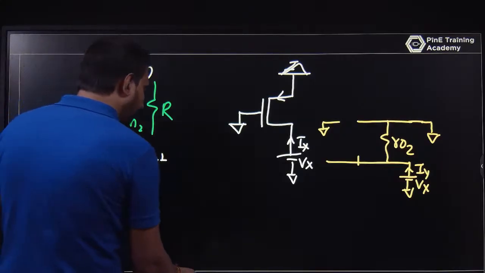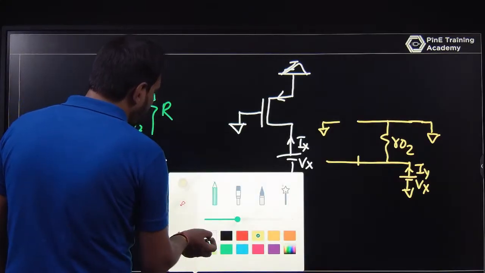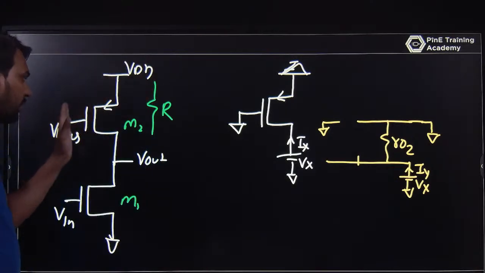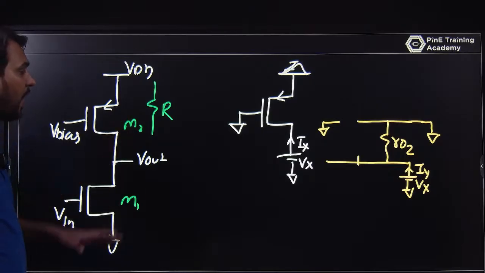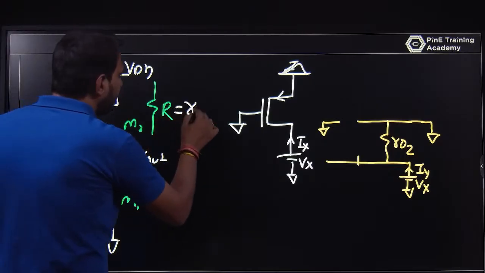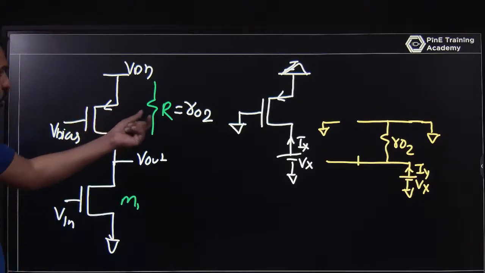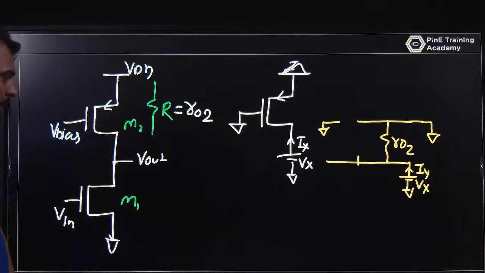Whenever the gate and source are biased in a PMOS, that R will be r02. For M2 it is r02 only.